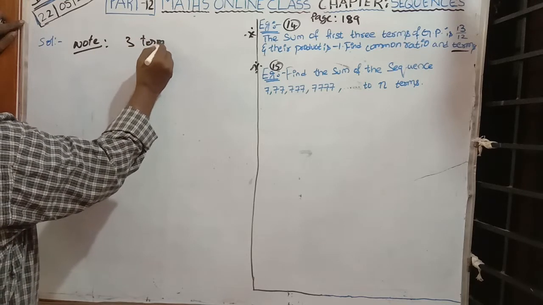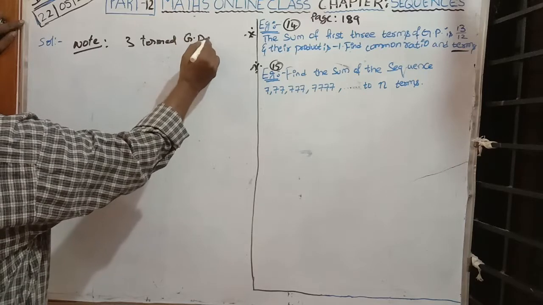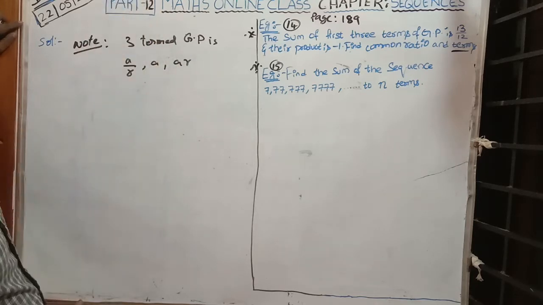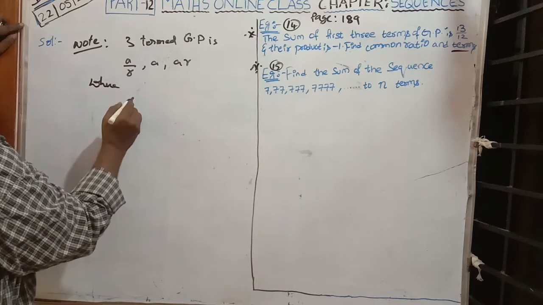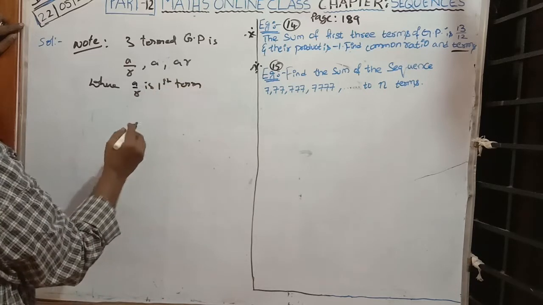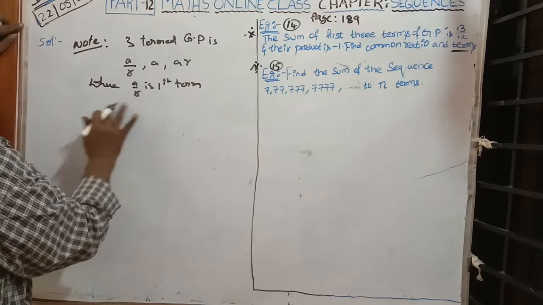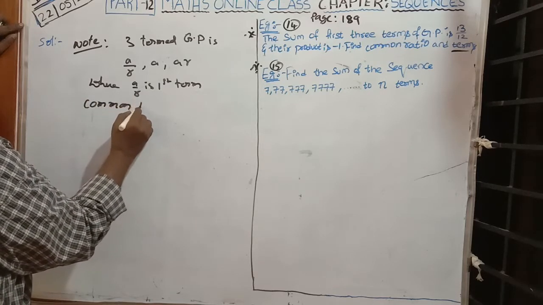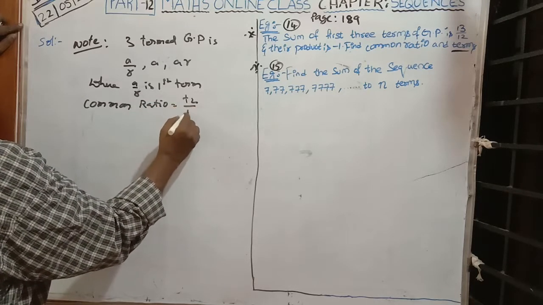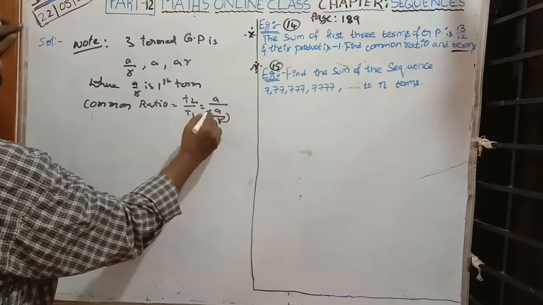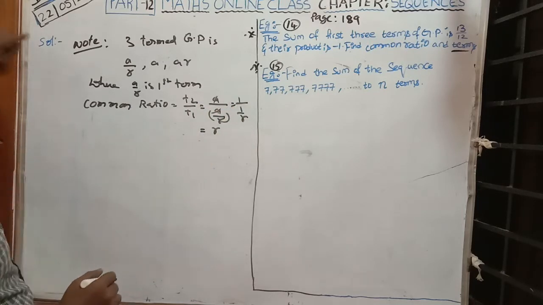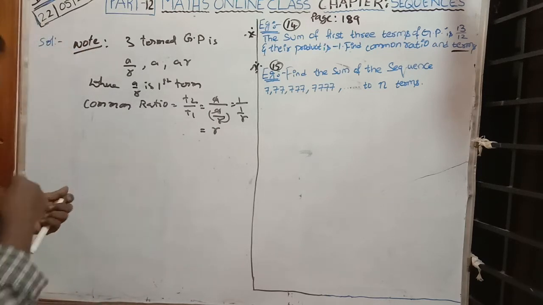A 3-termed GP is A by R, comma, A, comma, AR, where A by R is the first term and the common ratio is equal to T2 by T1, that is A divided by A by R, which is R. It is a fixed form.